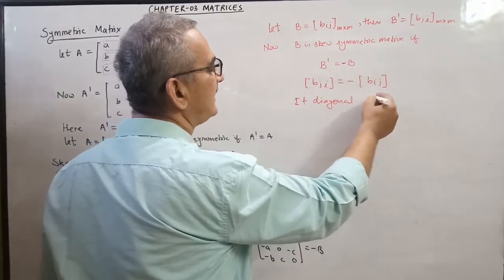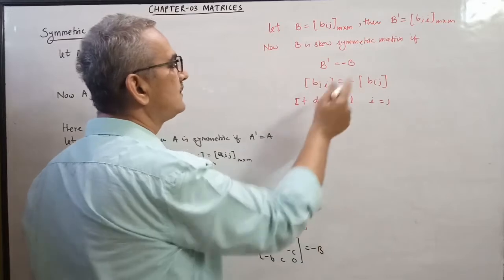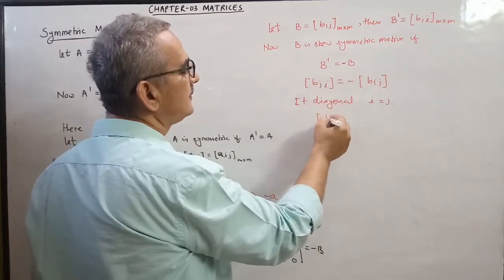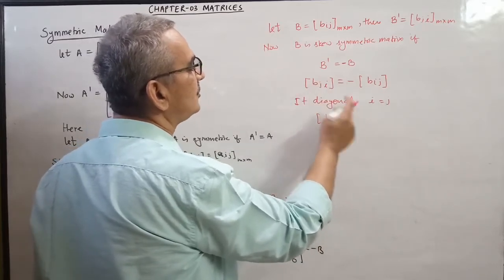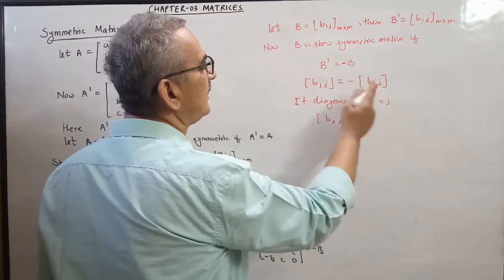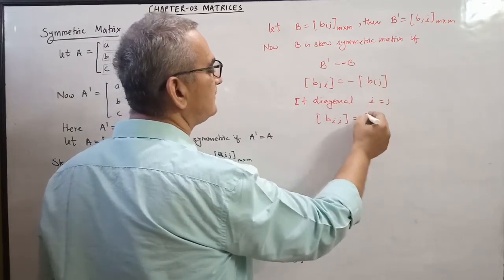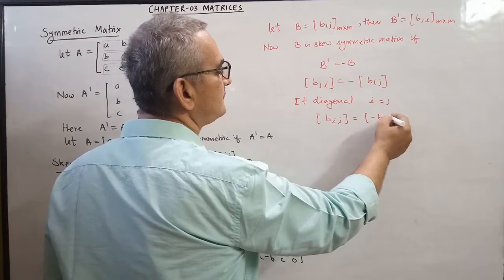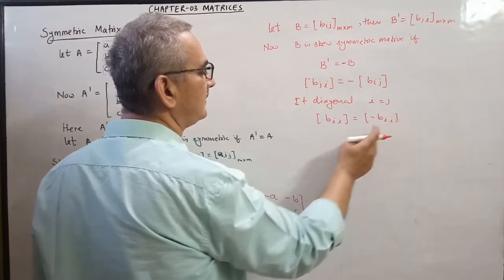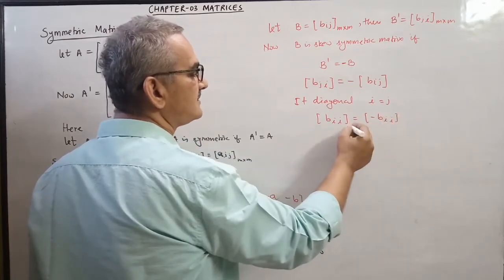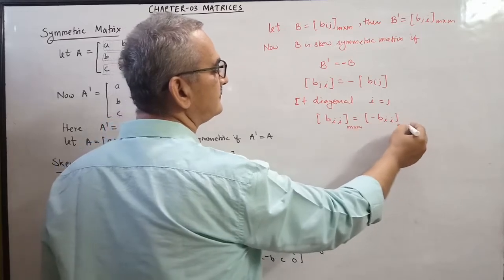At the diagonal, i is equal to j. So what will happen here? Here we are getting Bii because i and j both are equal, and let's take this minus inside the bracket, and this will also be minus Bii, because they are equal matrices, they are of the same order.